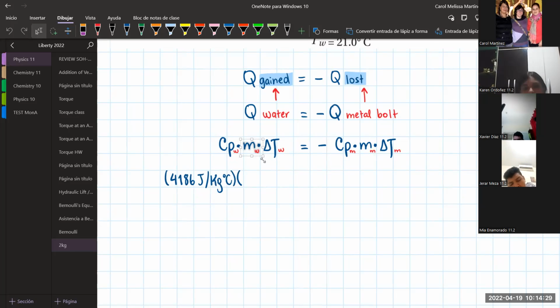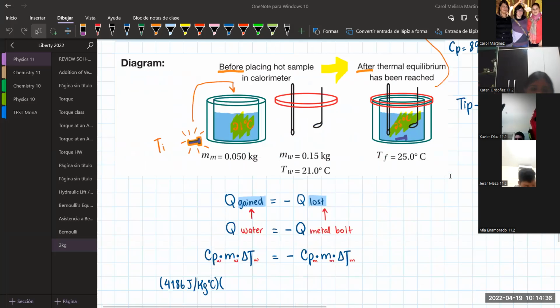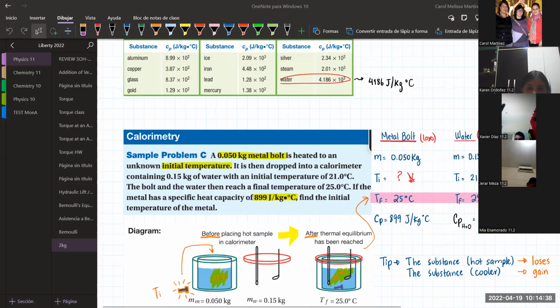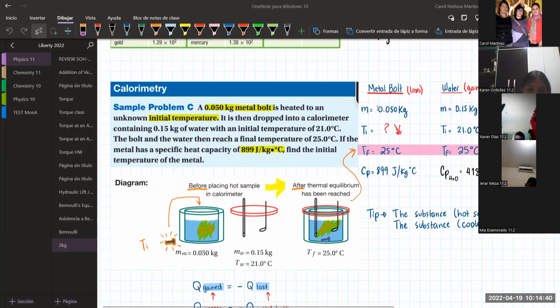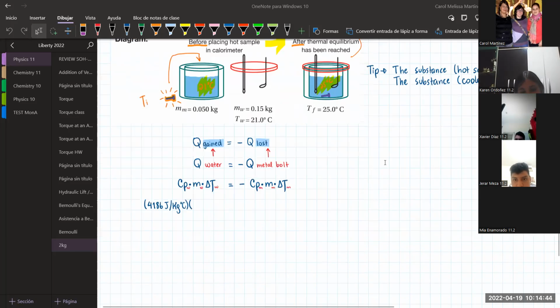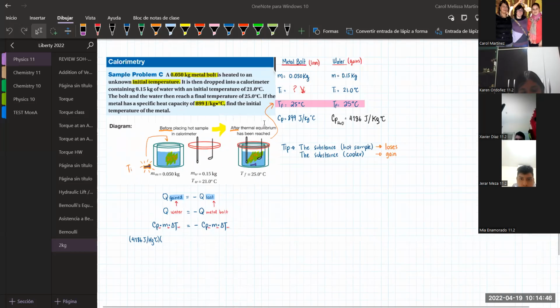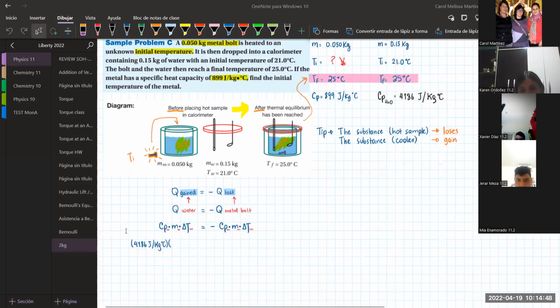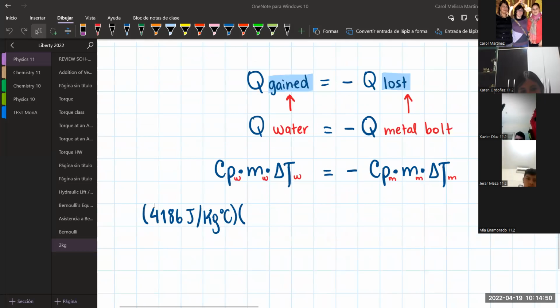I cannot project all the whiteboard because it's too big, and if I project all of it, you won't be able to see the numbers. So you already have your data with you.